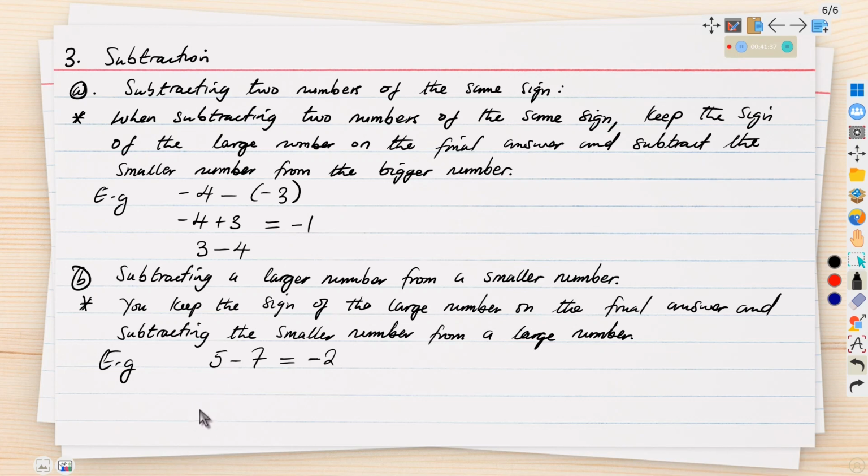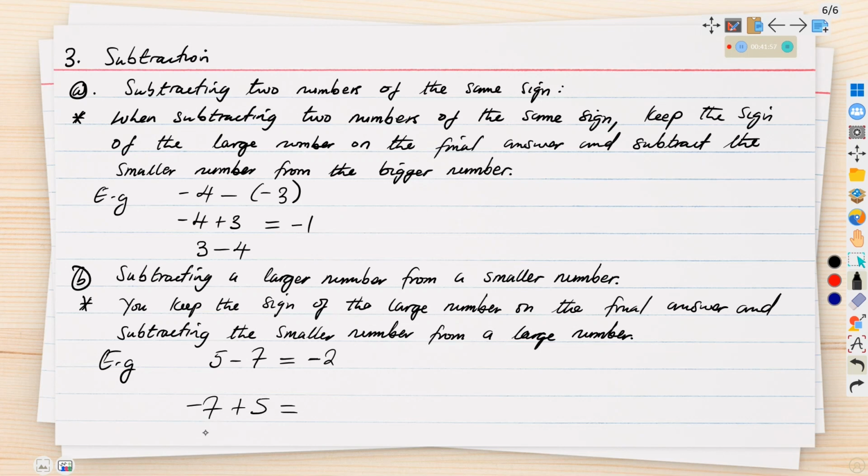Sometimes they can put it like negative 7 plus 5. So this one and this one, they are the same. You must realize that if they are put like this, this is a negative and this is a positive.